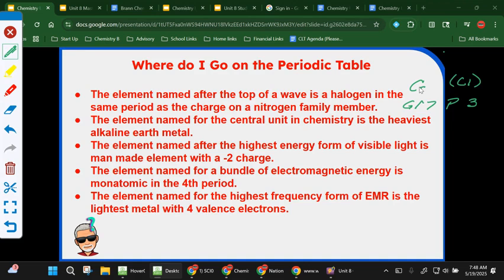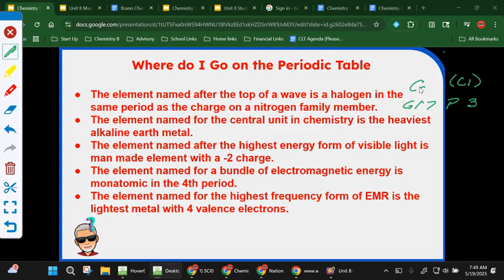It looks like this. So in the spot where chlorine is on this periodic table, you would put Cr. Move on to your next clue. That is what you will be doing. Questions?